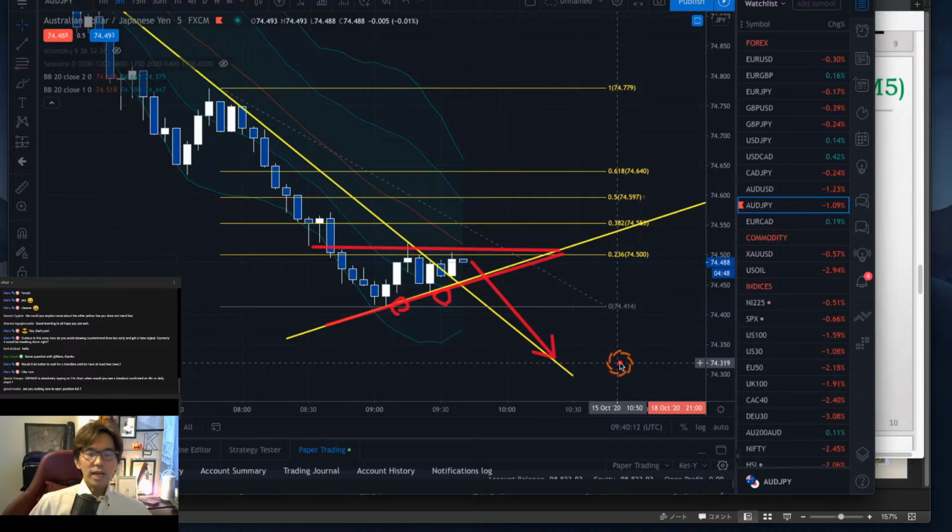We cannot conclude it as a breakout. So always better to wait for the candle close for the breakout confirmation.